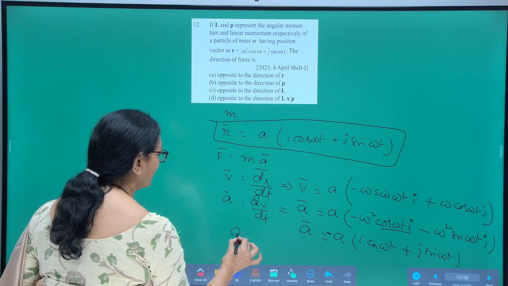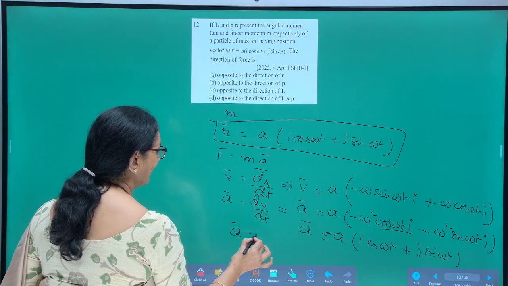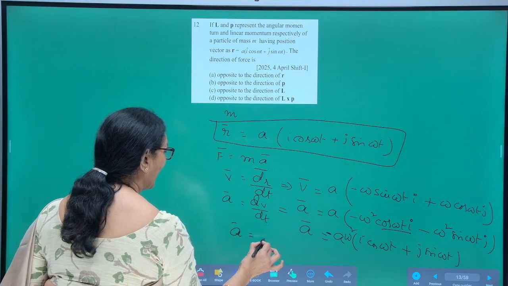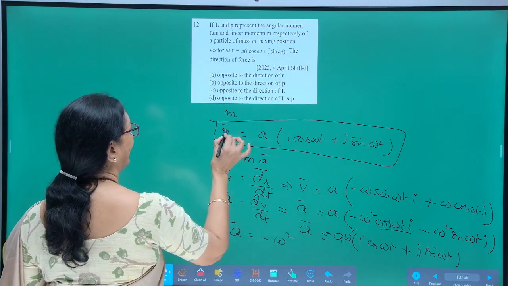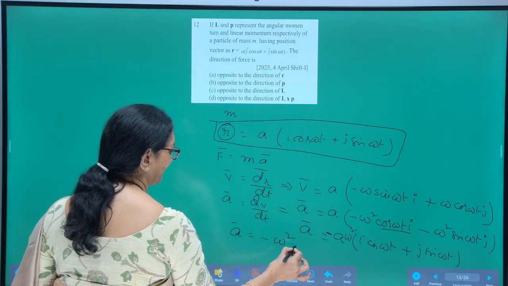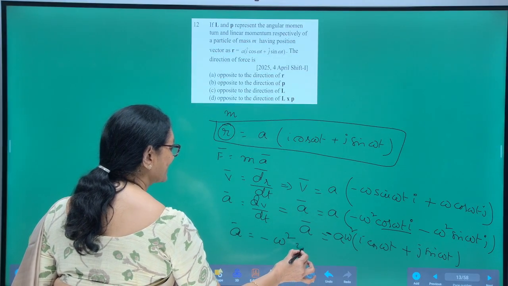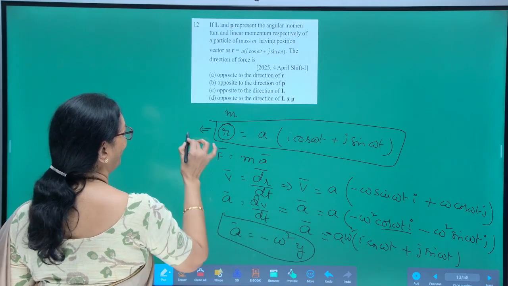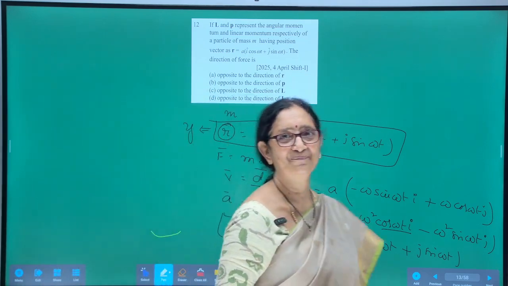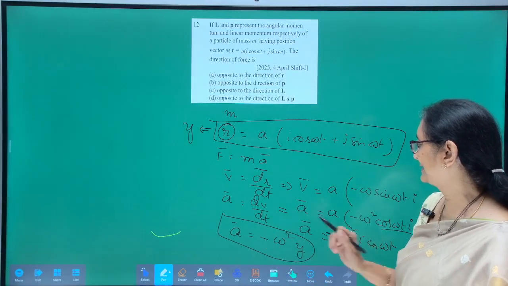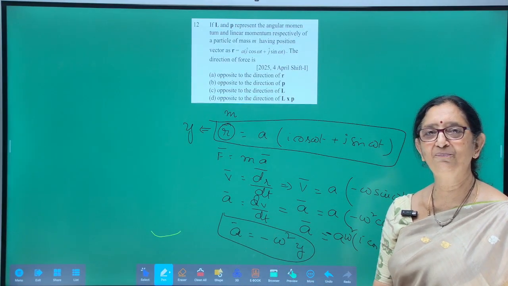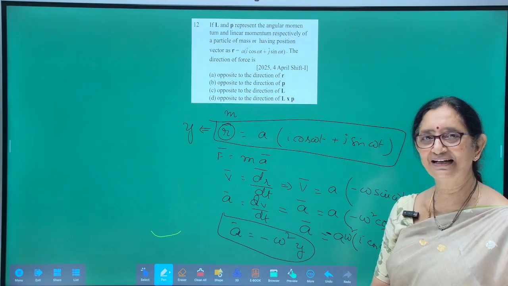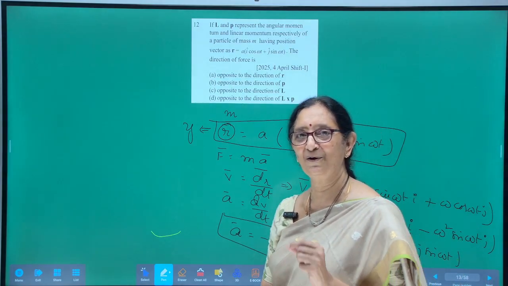So, from this what we got is a bar is equal to minus omega square into position vector r bar, or displacement vector, say y bar, because I wrote y, you remember something. See, where do we see this equation? A bar is equal to minus omega square y bar. That is the equation for a particle executing simple harmonic motion.